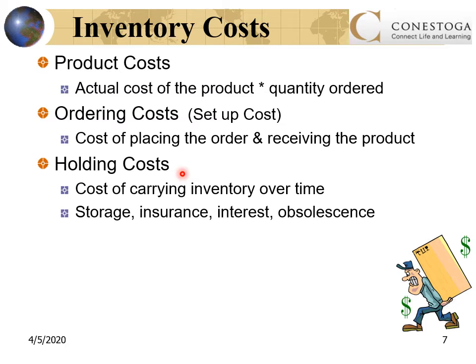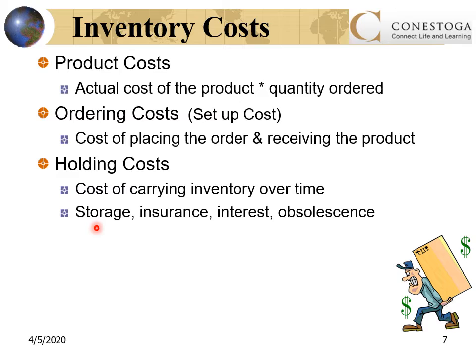The third cost is called the holding cost. Holding cost refers to the cost of carrying inventory over time. So for example, let's say I have the materials at my location. Now I need to store the material, so I need a space for holding that particular material.